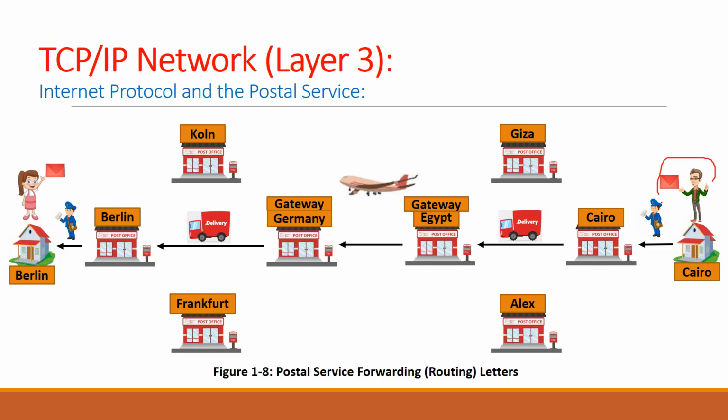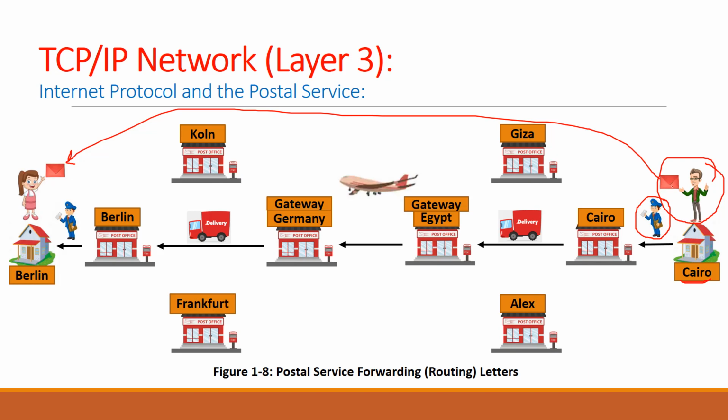Here Muhammad has a letter destined to Jasmine in Berlin, Germany. Muhammad lives in Cairo, Egypt, and Jasmine lives in Berlin, Germany. So the post office man will come and take the letter or the envelope and deliver it to the local post office.